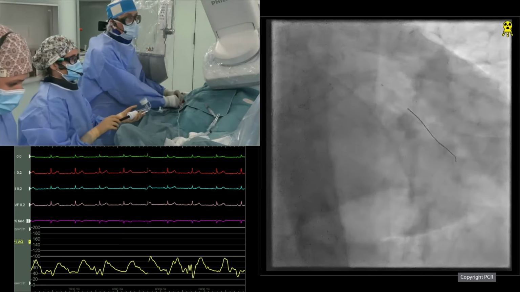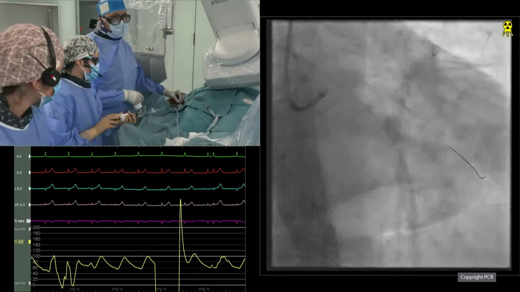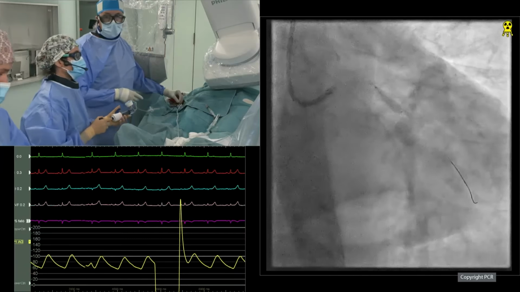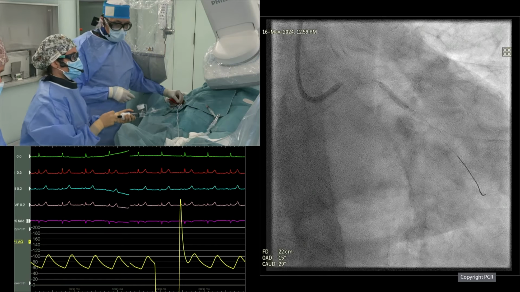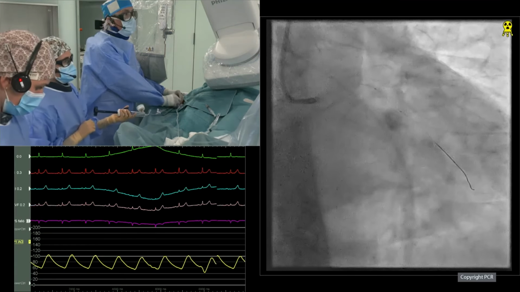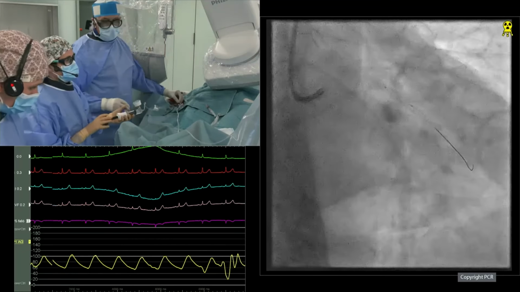In a large vessel, potentially straight vessel, where you've got more concentric calcium, I think the higher speed is a good idea. My fear sometimes if you've got more eccentric calcium is that there's a higher risk of perforation because it will differentially damage the normal side of the vessel, which could be potentially slightly weaker. So I think erring on the side of caution and sticking with low speed is usually safer.